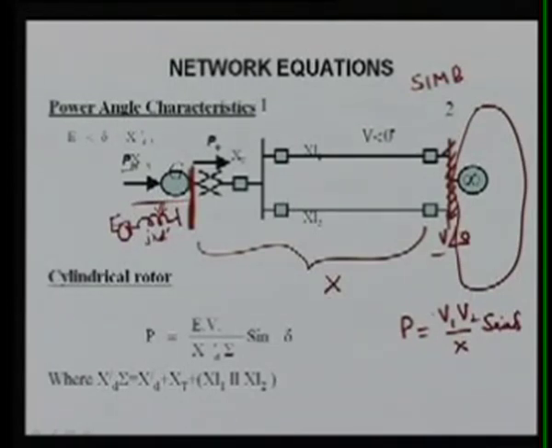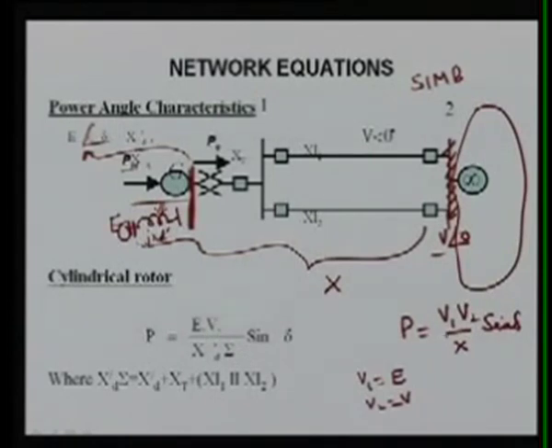So we have to write our V1 in this equation as nothing but E, because we have taken E angle delta for this bus. So this V1 is E and V2 is nothing but V, and X is the total reactance of this whole system, including this as well. So this is your complete system.